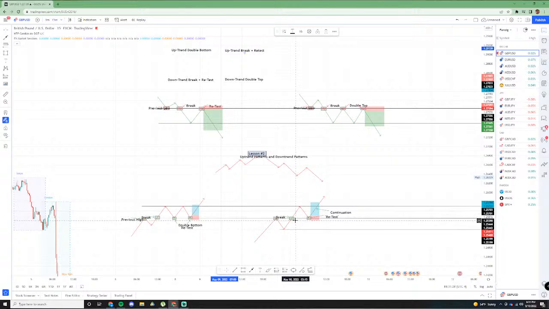It breaks the structure, previous structure. It comes to retest, and you're only looking for buys. Downtrend, same thing. Break and retest, break, double top. And these are only for sells. You're not looking for buys.